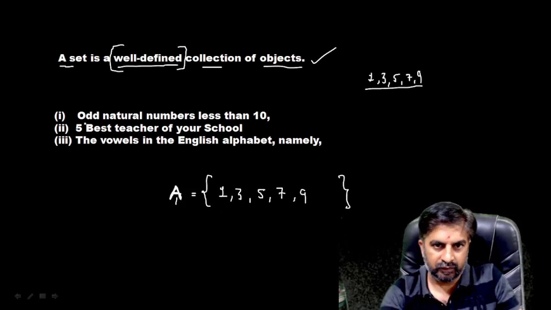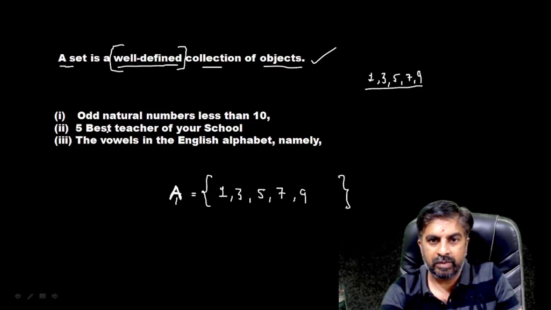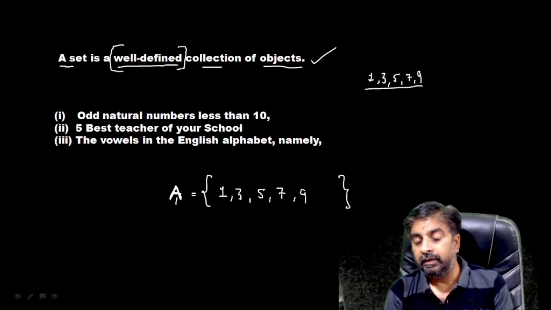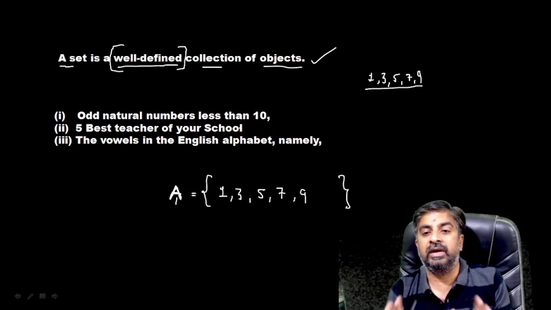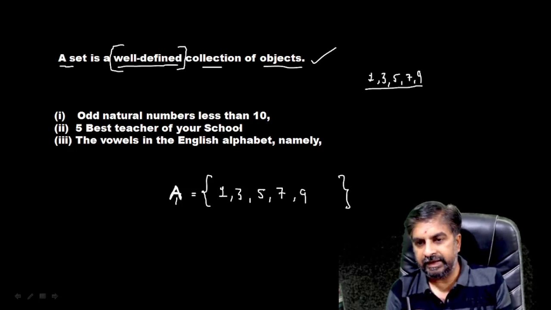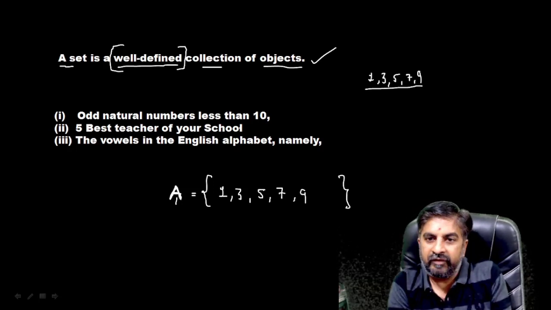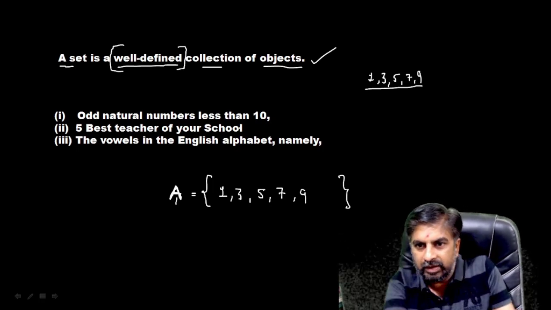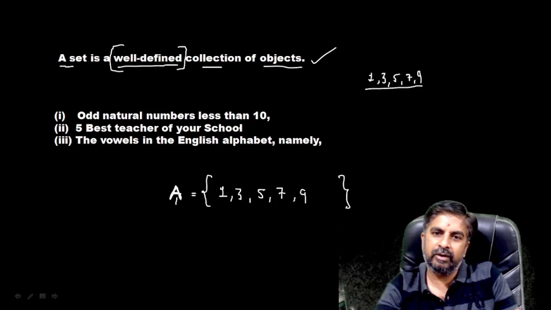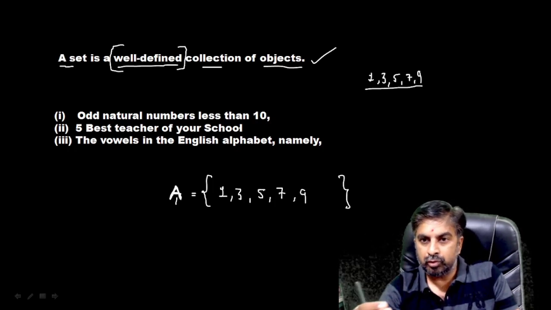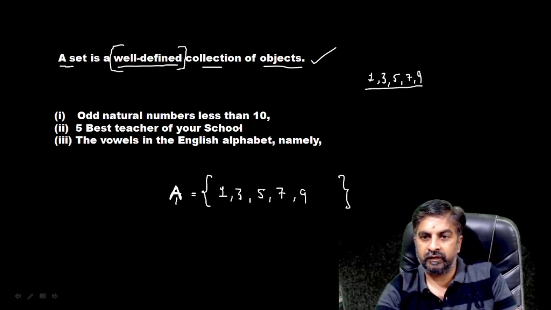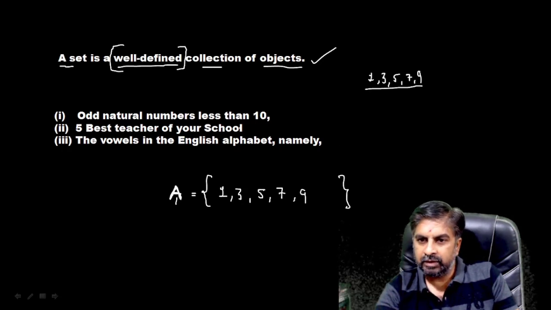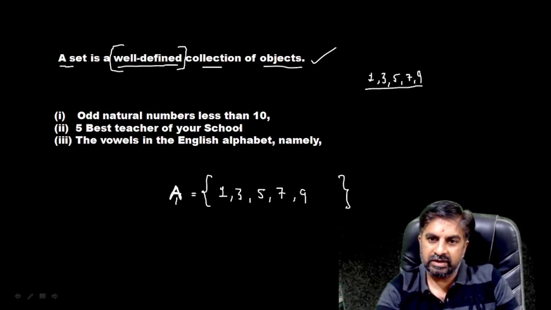Now let us go with the second example: the 5 best teachers of your school. This is not well defined. Why? Because I like the math subject, so my favorite teacher in school will be the maths teacher. Somebody who doesn't like maths will not have that teacher as a favorite. So you select any 5 and your friend selects other 5.